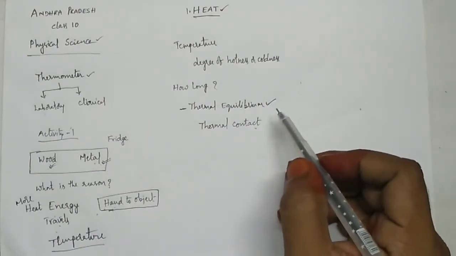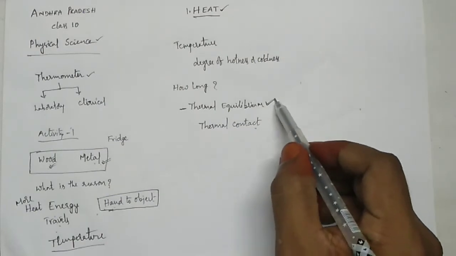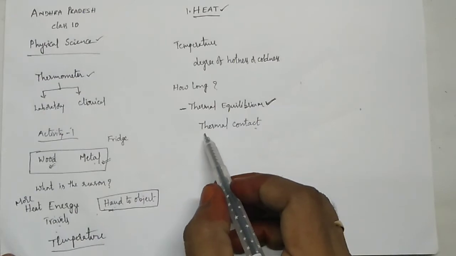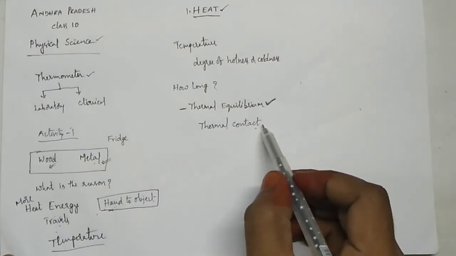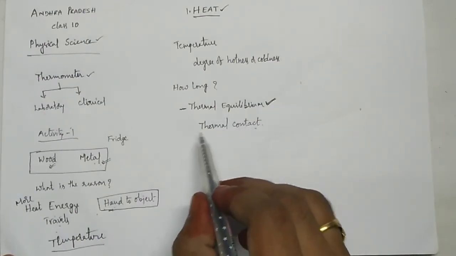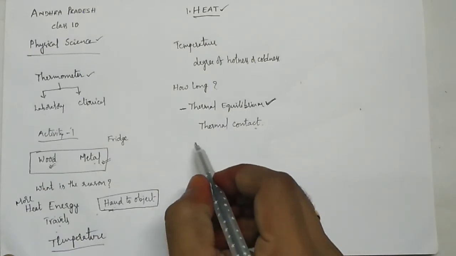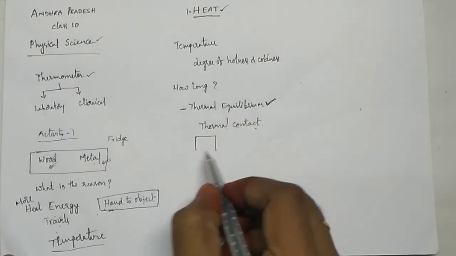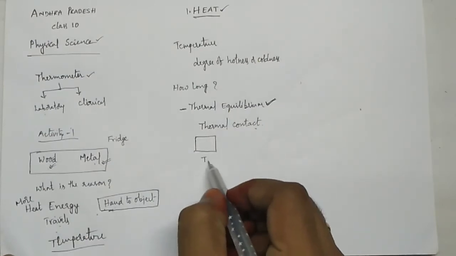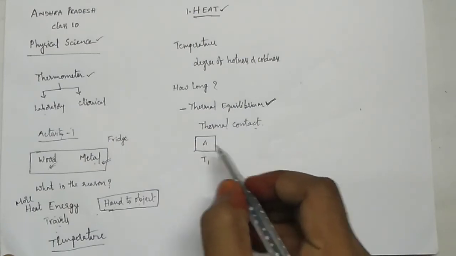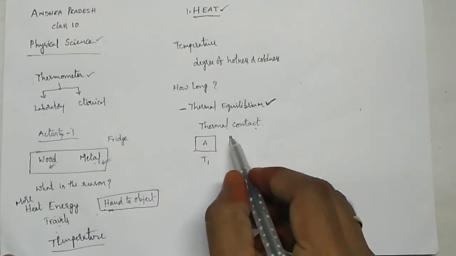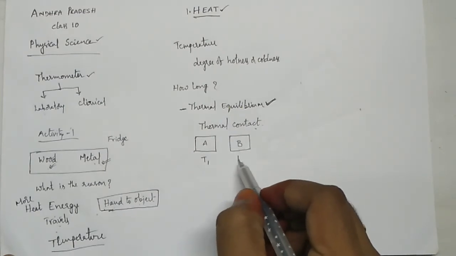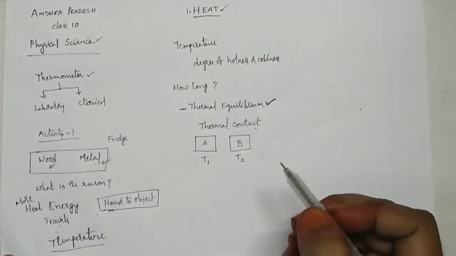What is thermal equilibrium? Once again, it is a state with respect to the temperatures of the bodies which are in thermal contact, when their temperatures are equal. Let us say I take two objects. A is at T1 degree centigrade and B is another object at T2 degree centigrade.